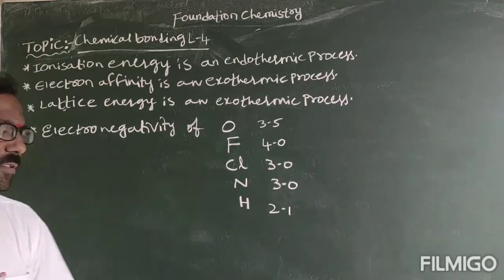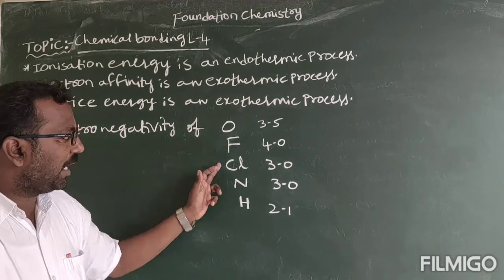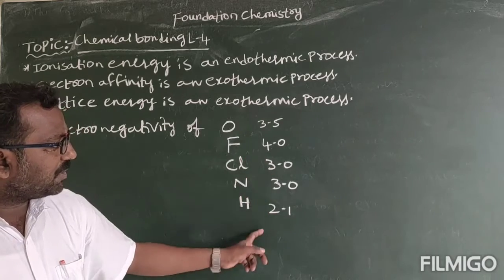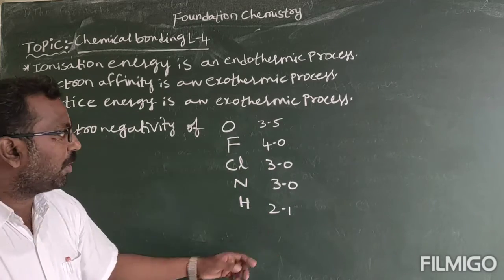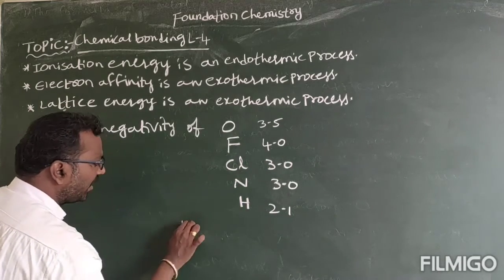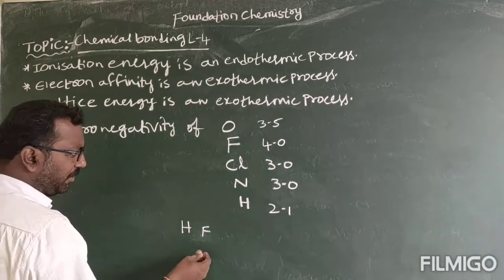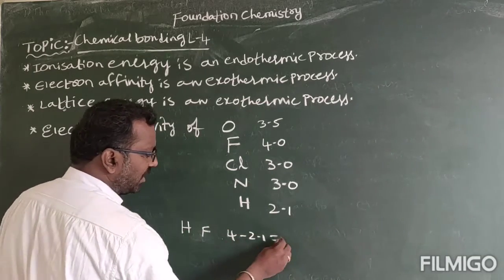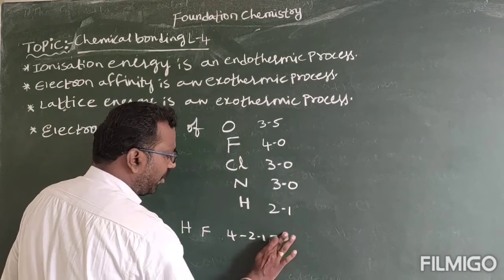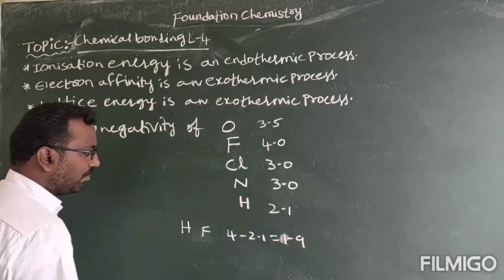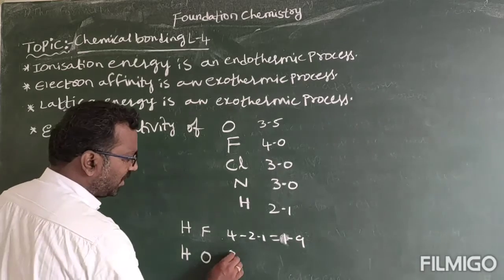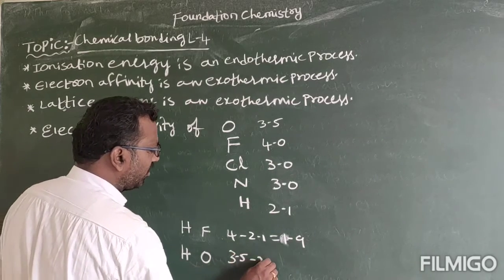Suppose a bond is formed with fluorine and hydrogen, the electronegativity difference is how much? 4 minus 2.1. Bond between hydrogen and fluorine, it is 4 minus 2.1. Means how much it is? 1.9. Bond between hydrogen and oxygen, how much is it? 3.5 minus 2.1.